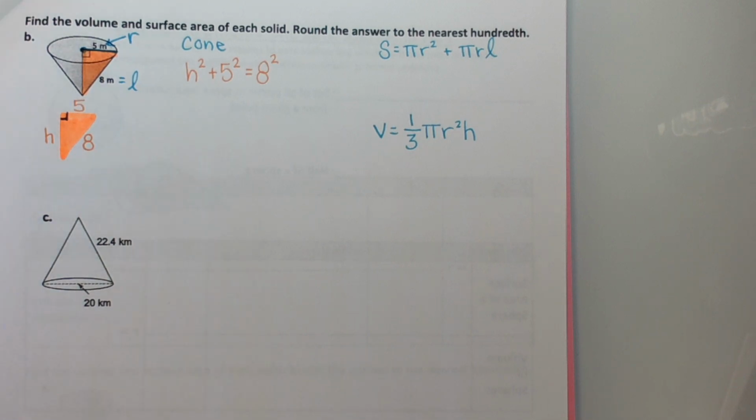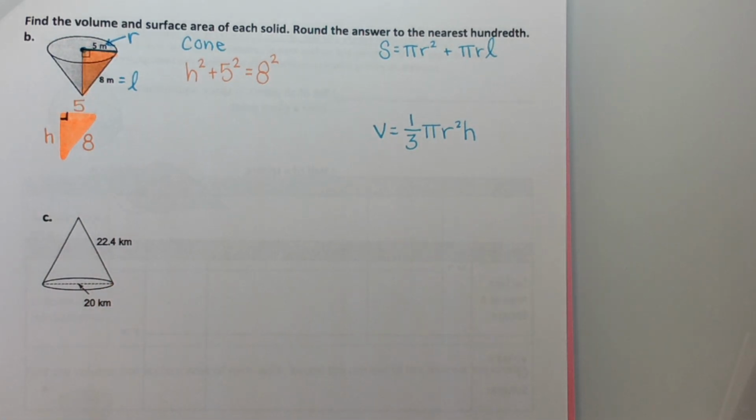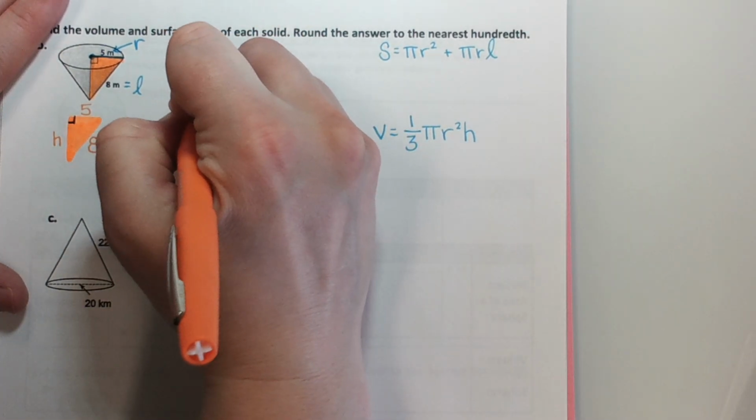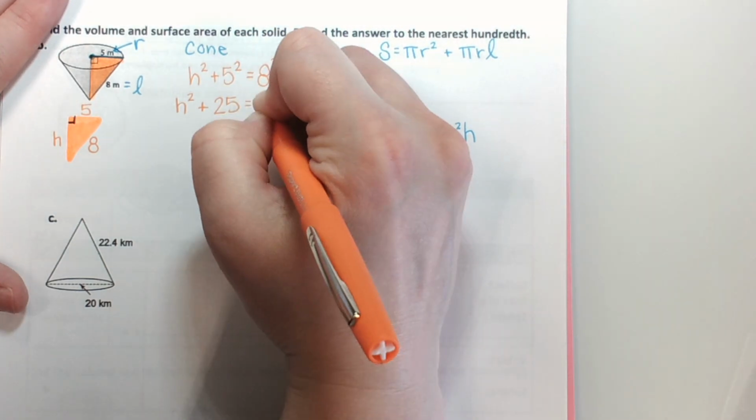Now, we've got time today, so we're going to go through the full Pythagorean theorem on this one. Greta, if I want to do Pythagorean theorem, what's the next thing I do once I write the equation? If I want to solve this, what do I do next? I do 5 to the power of 2, and while I'm at it, 8 to the power of 2.